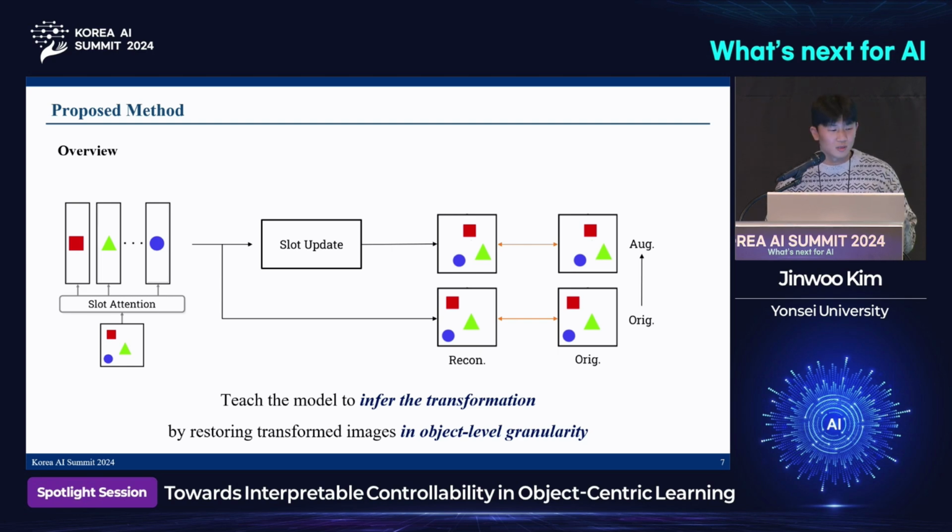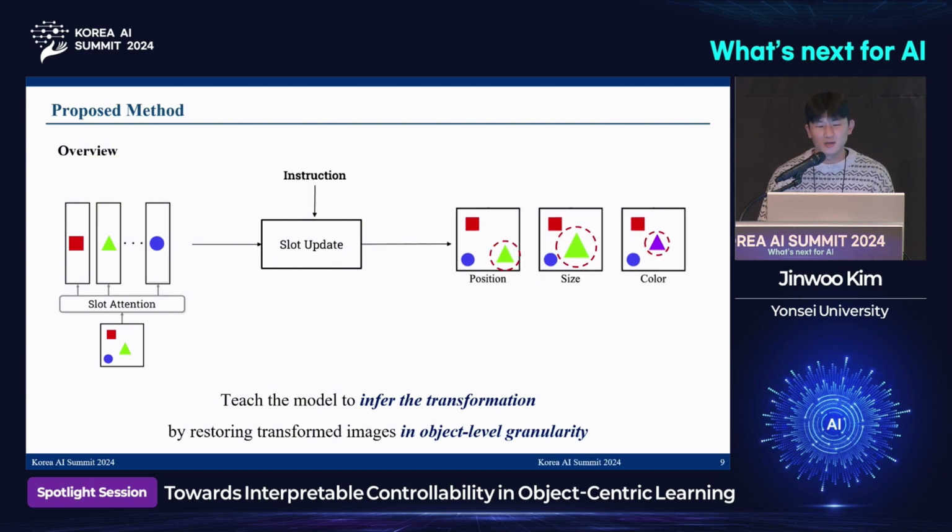And here we use an image augmentation technique. Since we can easily get the augmentation instruction from the training process, we just adapt this information to the slot update process. And one good thing is that in this framework, we can simply replace the augmentation parameter with the user's instruction at the inference stage.